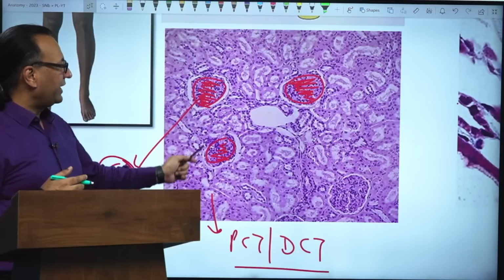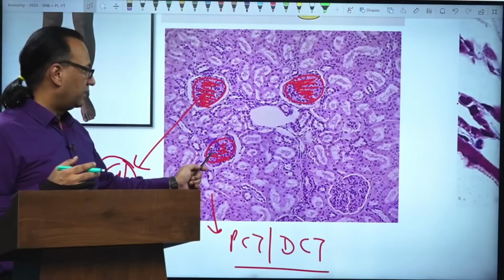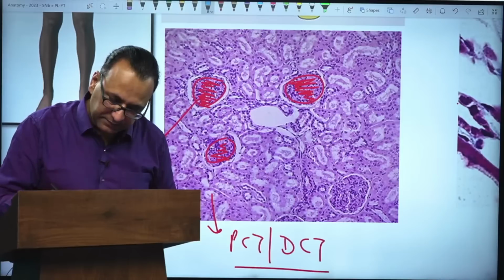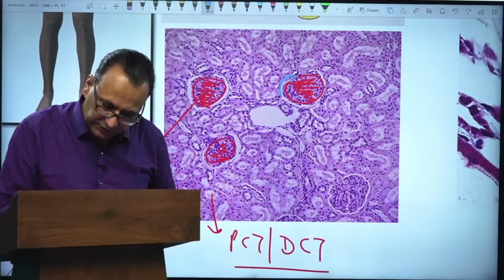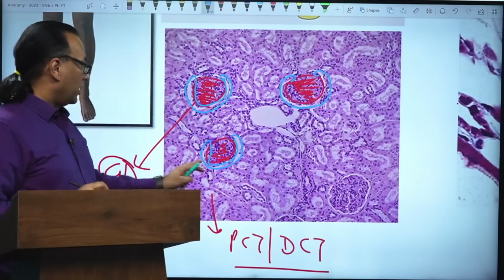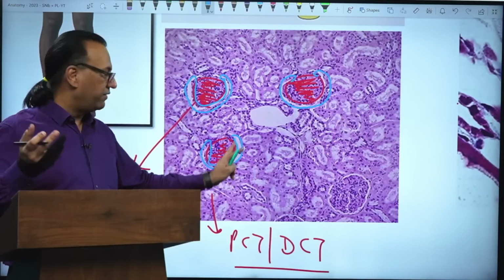Now how do you identify the kidney? Is by the fact that you have these glomerular capillaries and around that you can see there is a space. This is where we call it urinary space, and that urinary space is where the urine is filtered, because ultrafiltrate of blood, urine will be filtered here.